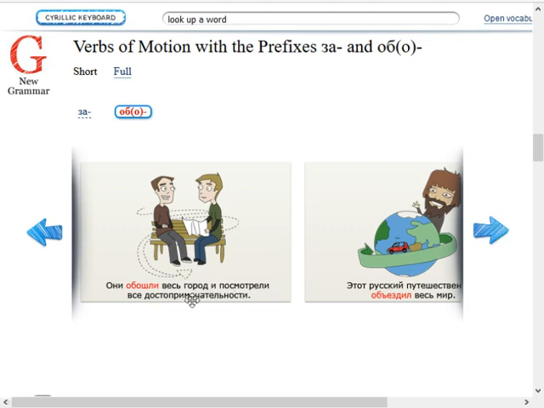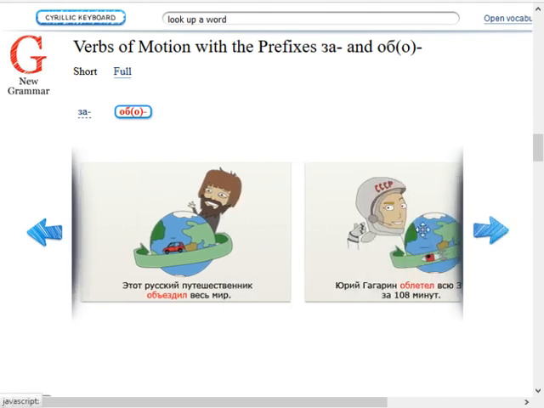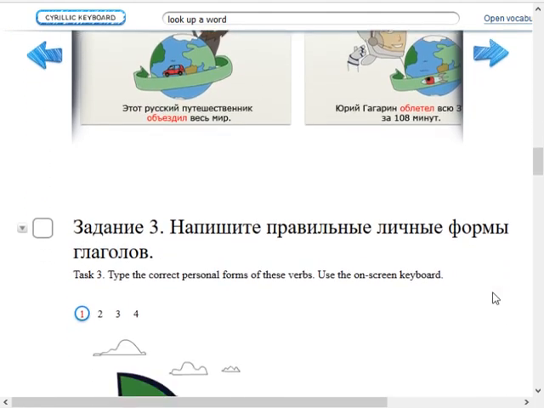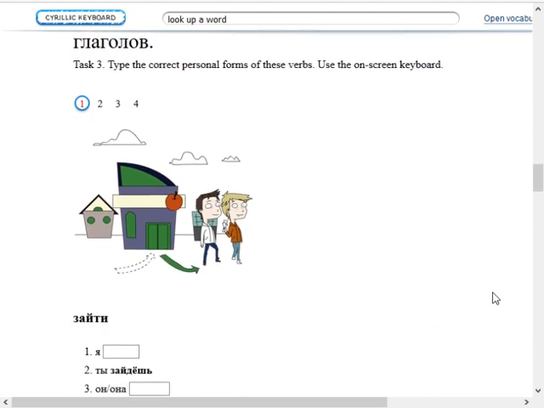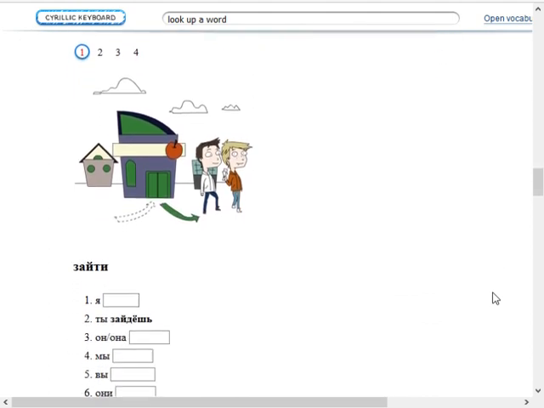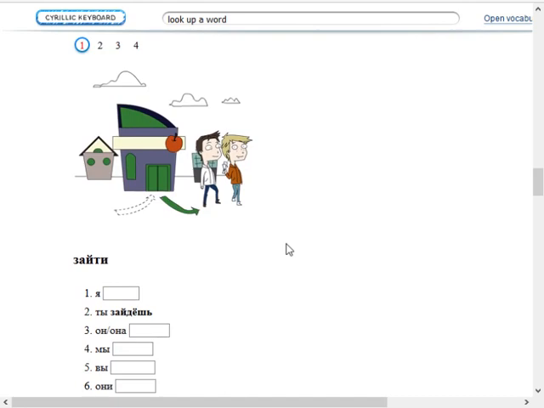Obviously they looked at whatever's on that paper, but I don't know if that's a map or something else. Okay, and этот русский путешественник объездил весь мир. So this Russian traveler traveled around the entire world. So yeah, ob is easier for English speakers because it translates directly to around, but there's no direct English translation for za, so you kind of have to just get used to how Russians use it.